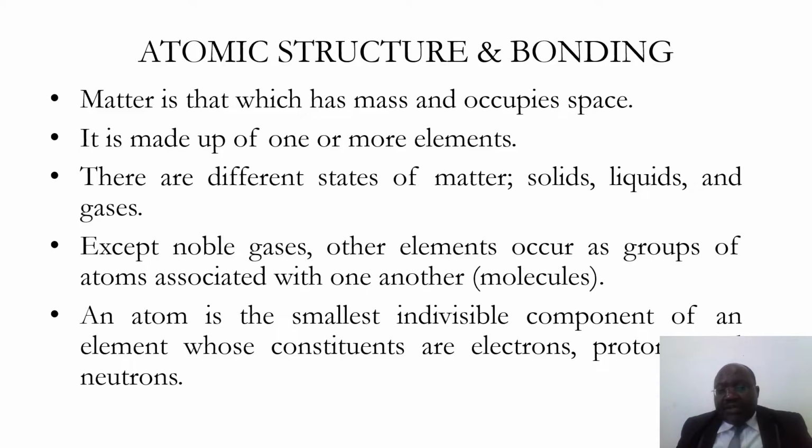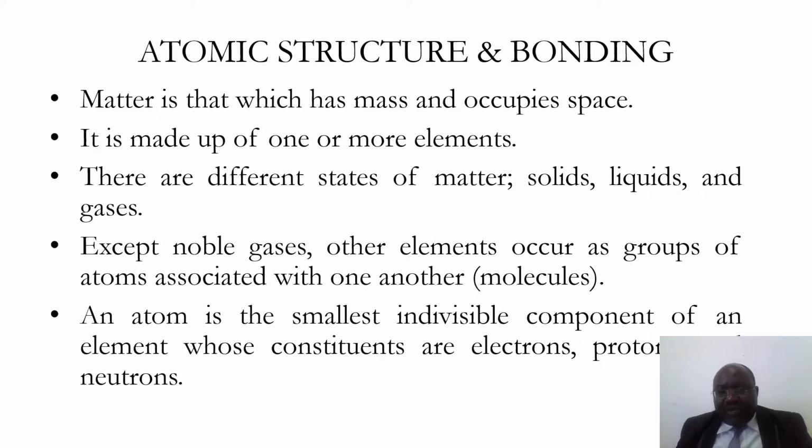In all these particles that we have mentioned, the smallest particle is the atom. It is made up of subatomic particles, and we find these subatomic particles arranged in a very systematic way.